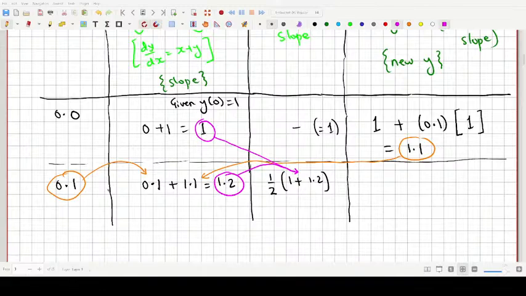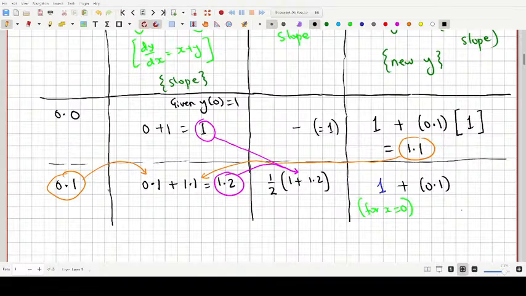And then now we will look at how to find out the value of y. Since we are looking at x equal to 0.1, we have to write y plus h, which is 0.1, multiplied by the mean slope.